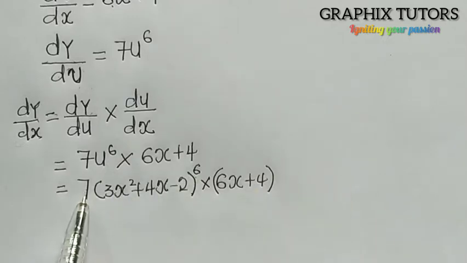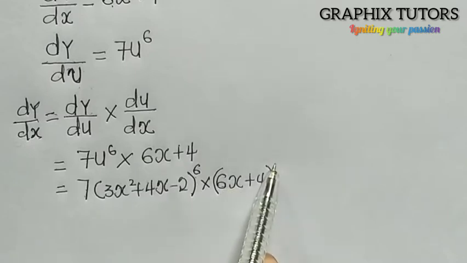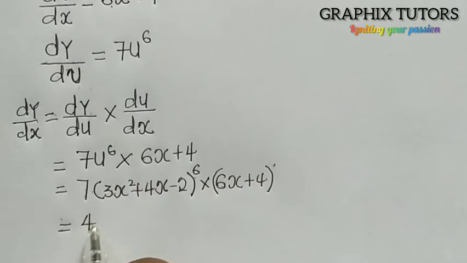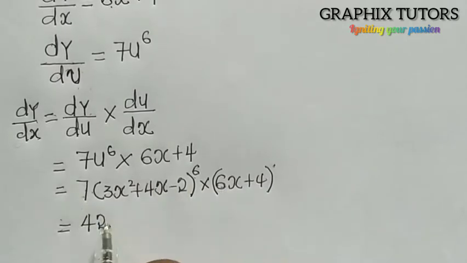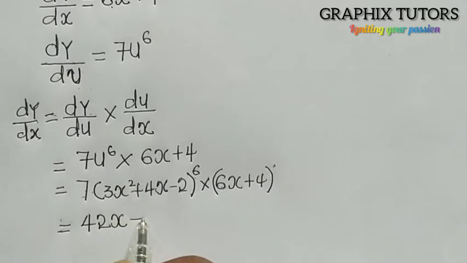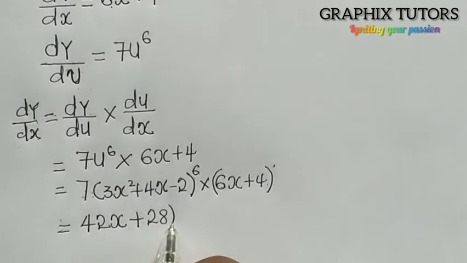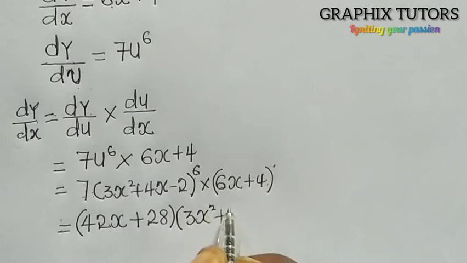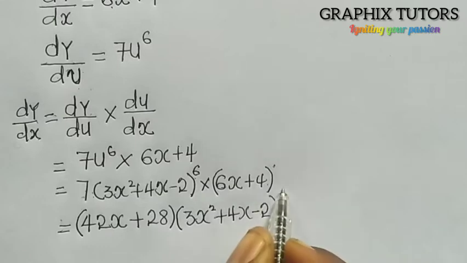But I can multiply this 7 with the 6x plus 4 because it only has power 1. So this should be equal to 7 times 6, which is 42, so I have 42x plus 7 times 4, which is 28, multiplied by (3x squared plus 4x minus 2) to the power of 6.